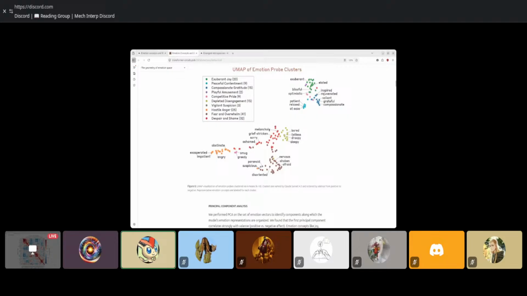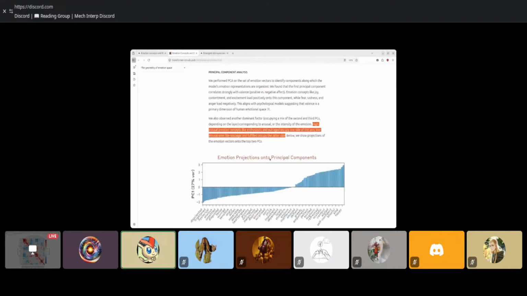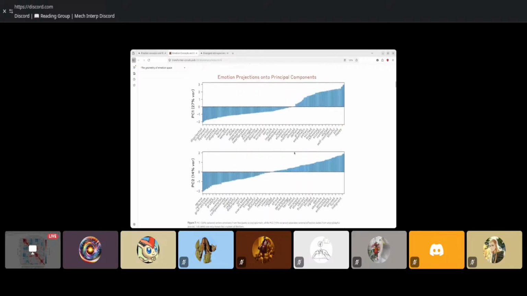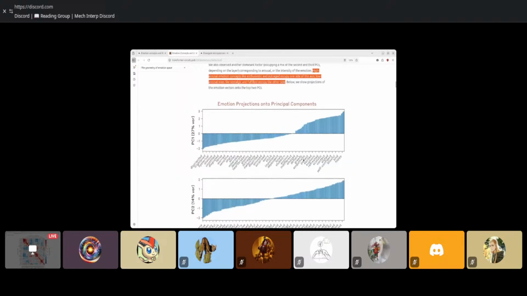You pick different emotions in the text, or you write text that includes the emotions that are high on this component, so when you do the mean or whatever they actually do for the probe, you get more of that. Different probes don't have to be the same kind of thing.